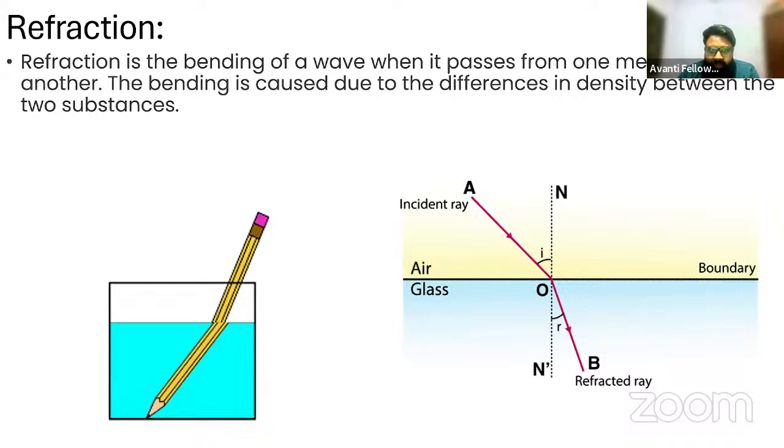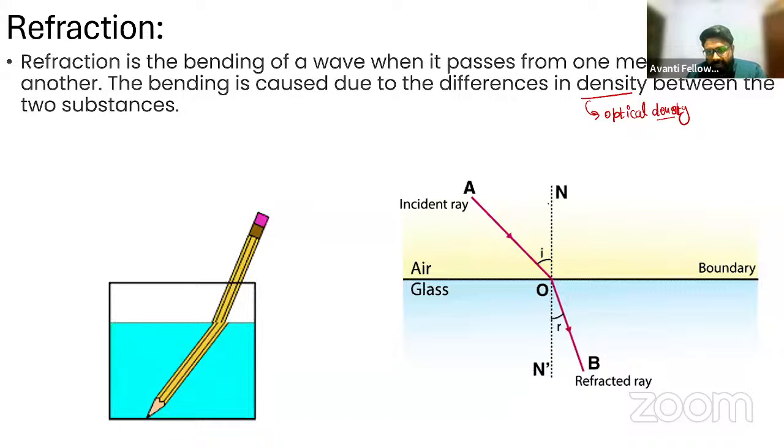This bending process is because of the density difference, and this density is nothing but the optical density. Like in general, oil is lighter than water because oil can float on the water surface. But according to light, oil is much denser than water.